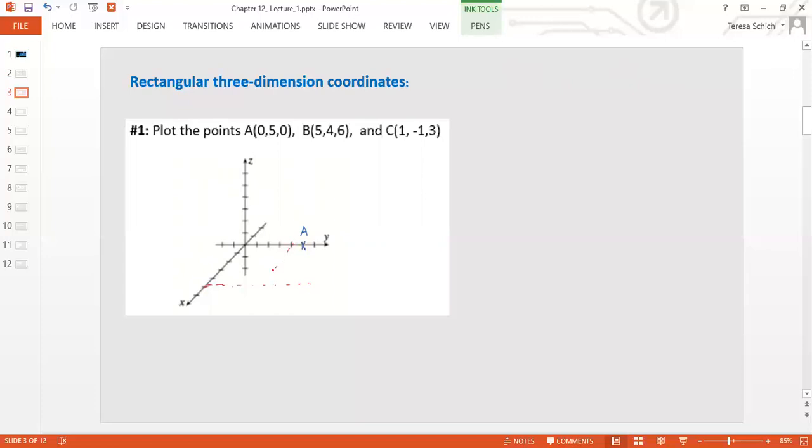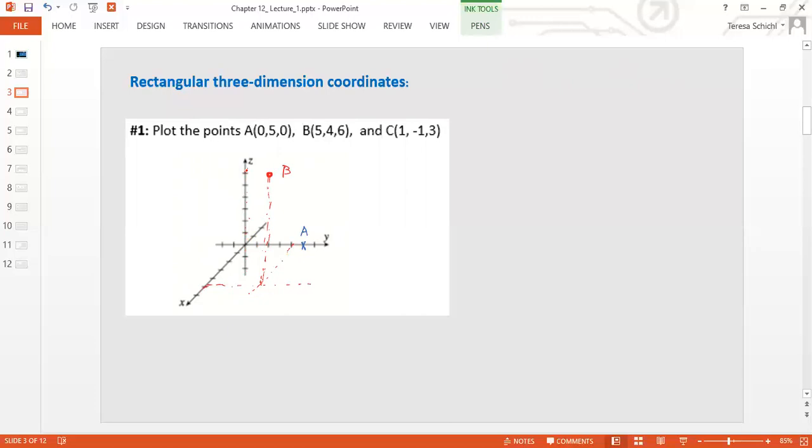Then you draw a parallel line to the x-axis, and z is 6, so you go up 6 units: 1, 2, 3, 4, 5, 6. So this point here we call the B point.